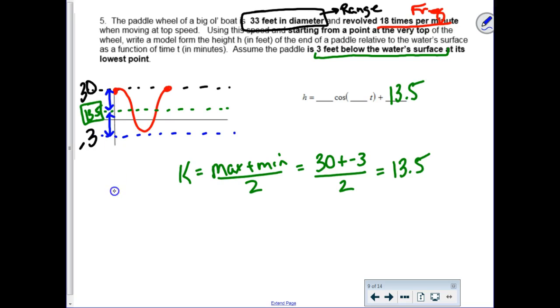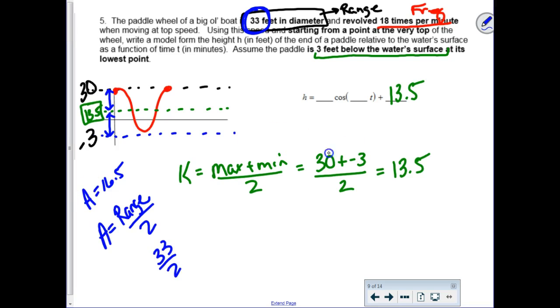That is a distance of 16.5 on both ends. 16.5 up and 16.5 down. Well, what some kids do is they take this range and they just cut it in half. So that's the other way to get 16.5. So the amplitude, you could think of it as taking the range and cutting it in half. So that would be 33 divided by 2, which is 16.5. That's going to go right here.